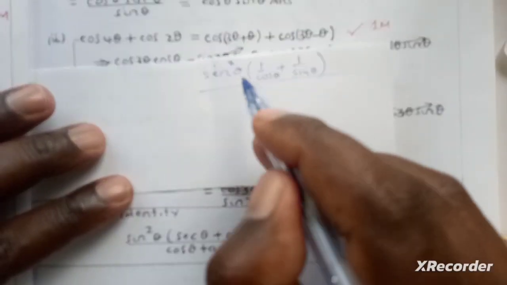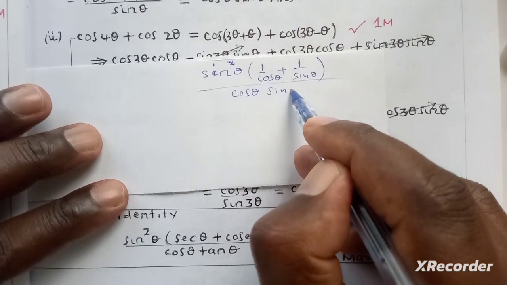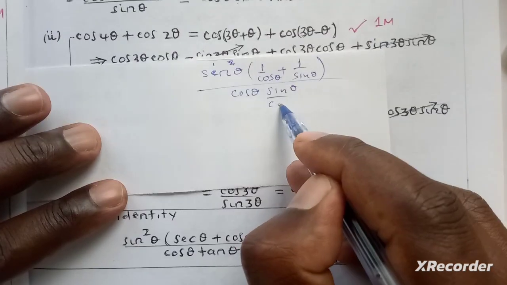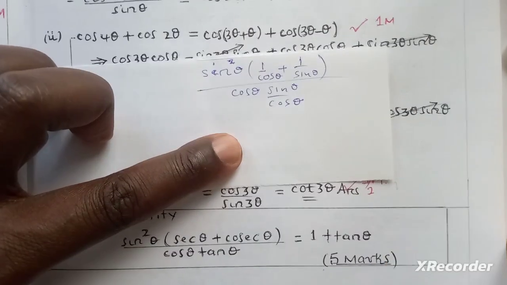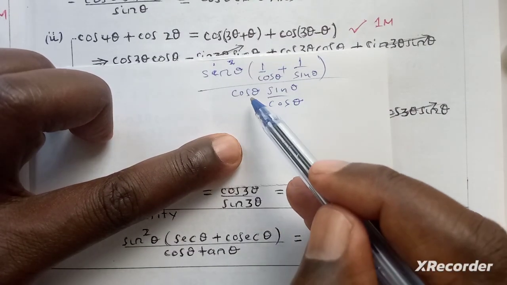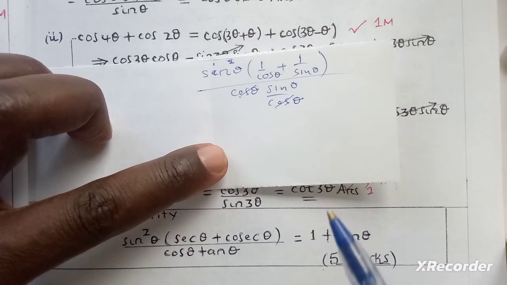This one, then you write cos theta. This is sine theta all over cos theta like that. So with that one, we come and divide this. You can divide that and that, you get 1.